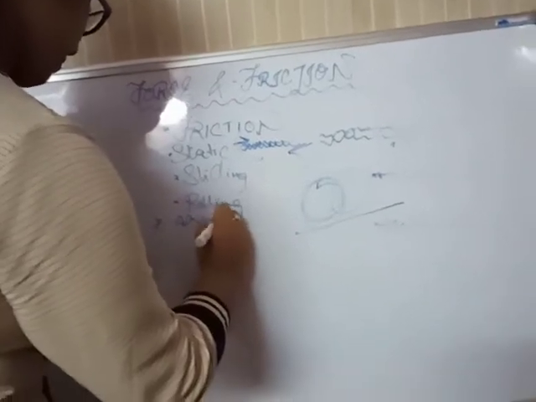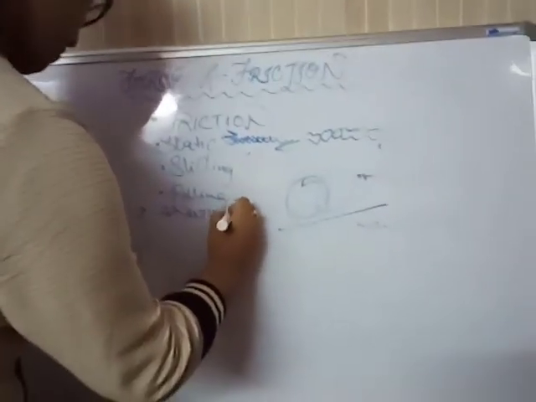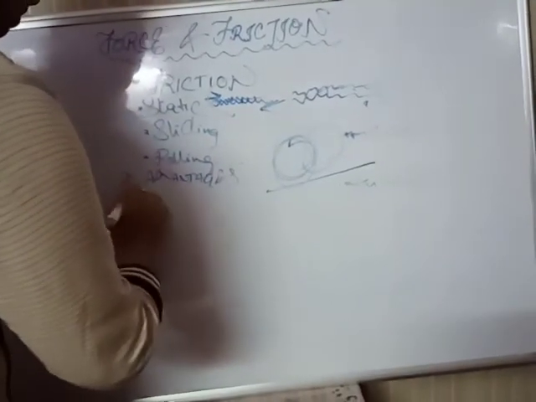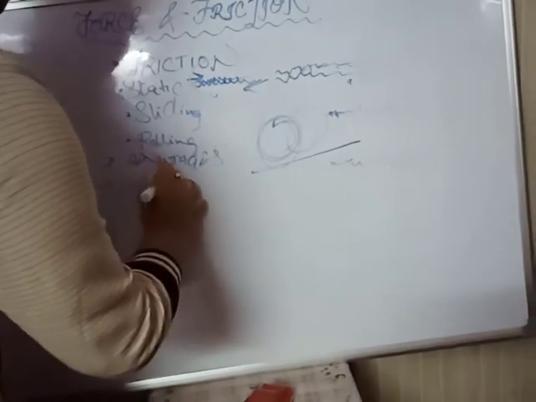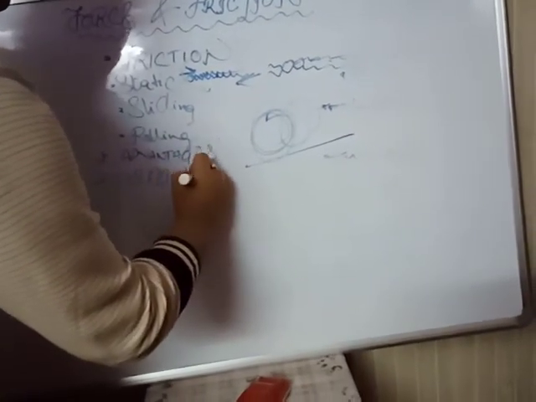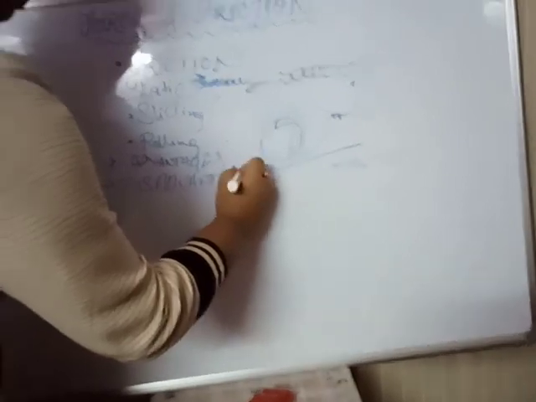Advantage, disadvantage, write them down. Okay, so we have done advantages, disadvantages, fluid friction.